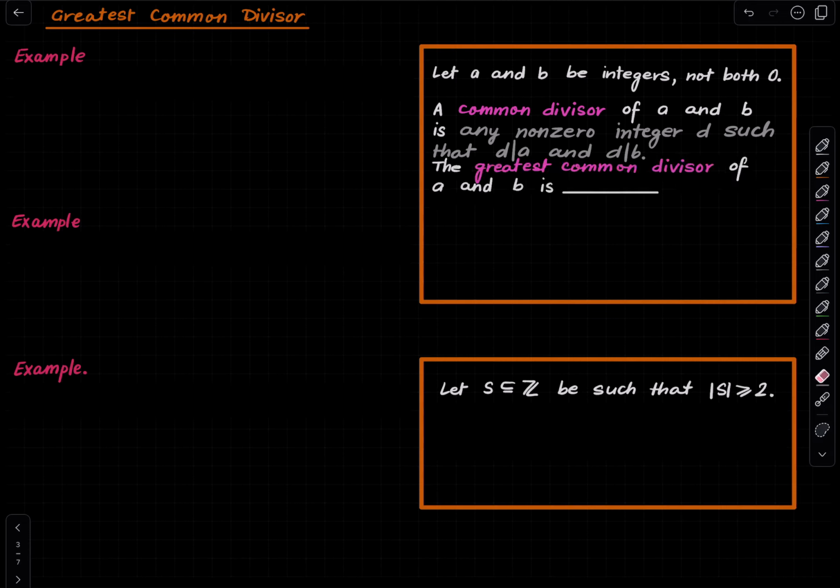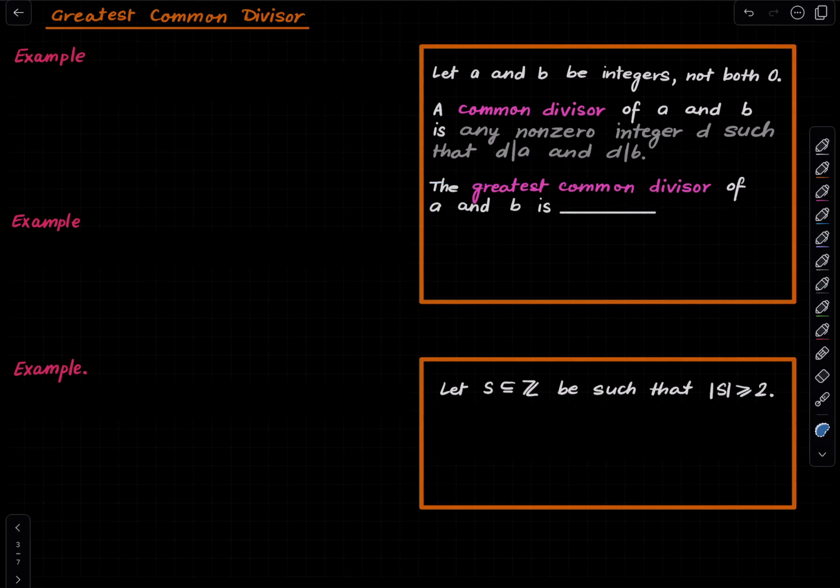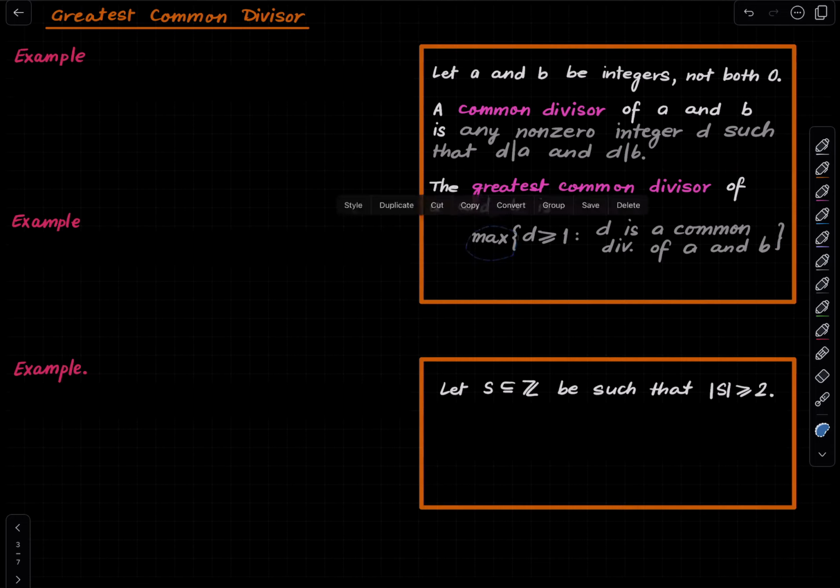And the greatest common divisor of A and B is the max of all the common divisors of A and B. You collect the set of all the positive common divisors and take the one which is greatest. Since A and B are not both 0, this is a finite set.